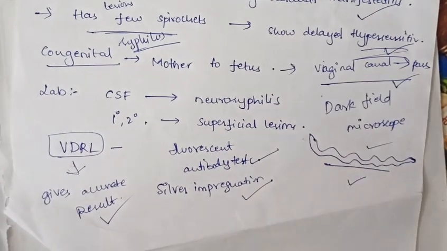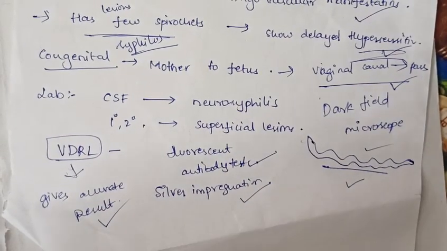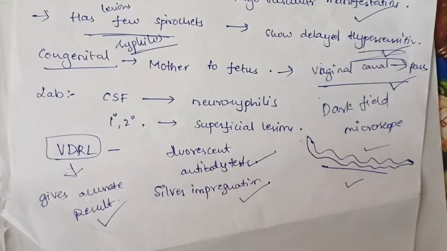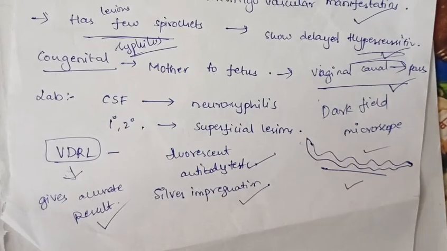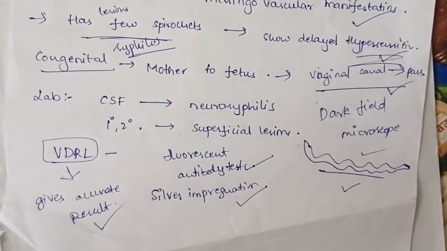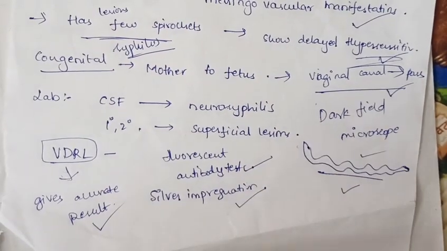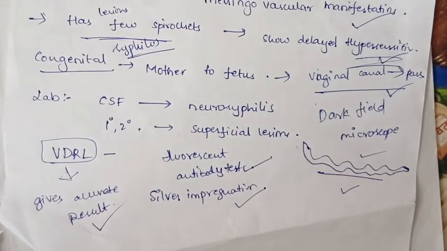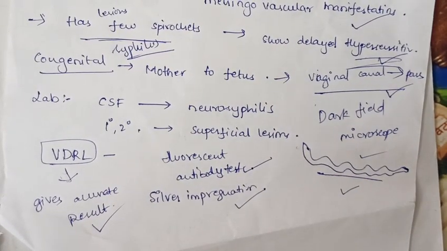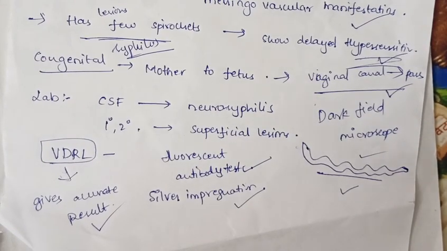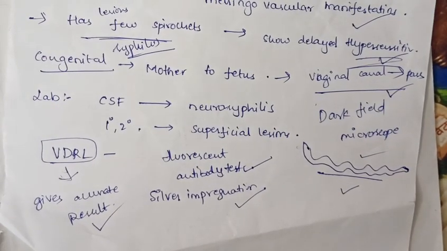This is all about the infection caused by Treponema pallidum, which is syphilis, a sexually transmitted disease which involves primary, secondary and tertiary infection, and congenital syphilis, which can be diagnosed by various laboratory methods.